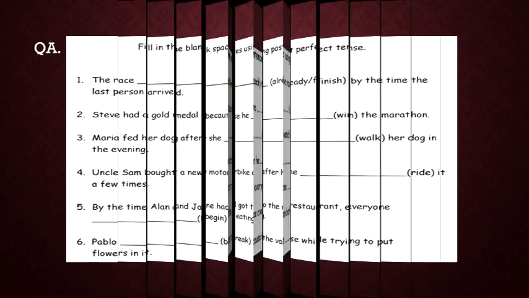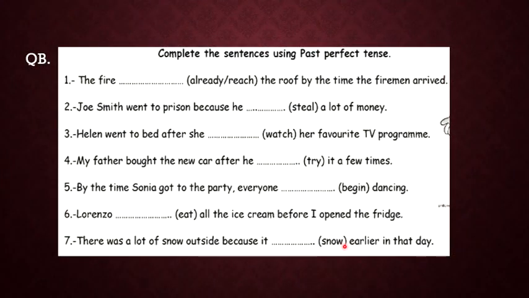I'm sure you must have got your answers correct. The fire had already reached the roof by the time the firemen arrived. Joe Smith went to prison because he had stolen a lot of money. Had stolen. Stolen. Helen went to bed after she had watched her favorite TV program.